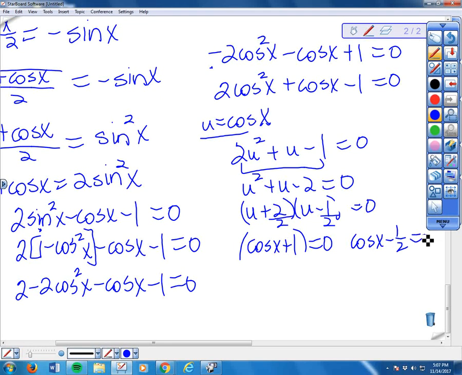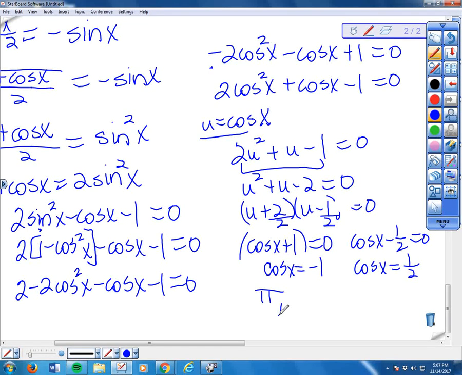So now I'm looking where cosine x equals -1 or positive 1/2. Cosine x is -1 at pi, and it's equal to 1/2 at 60 degrees and 120 degrees.